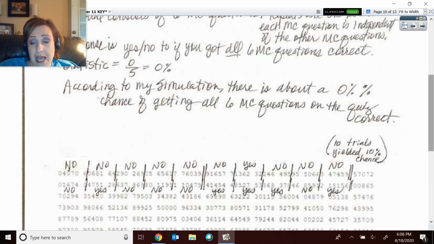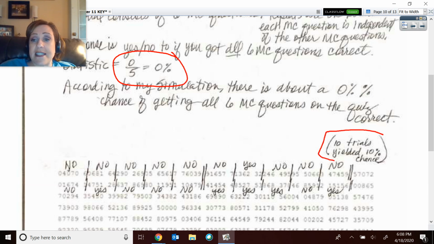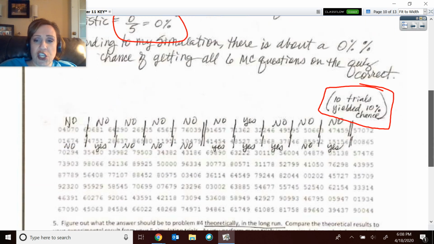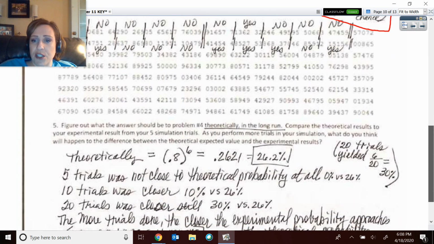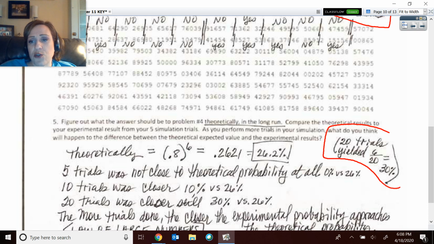So interesting. So when I did just 5 trials, 0 out of 5 of them had 0, so 0% correct. Now, when I did 10 trials, I had gotten 10% correct. I was just curious, so I went and I think I had done 20 trials. 20 trials yielded 30% correct.